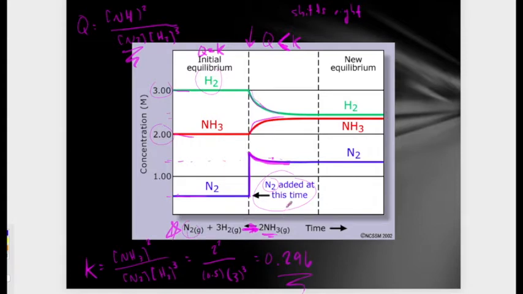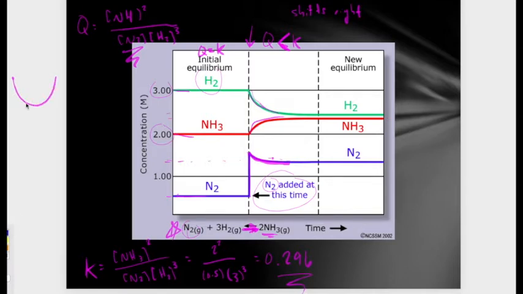Listen, here's a really simple way of thinking about it. Think about a chemical reaction system like a marble that you drop into a bowl or a cup. Okay, so think about the marble as your reaction system.